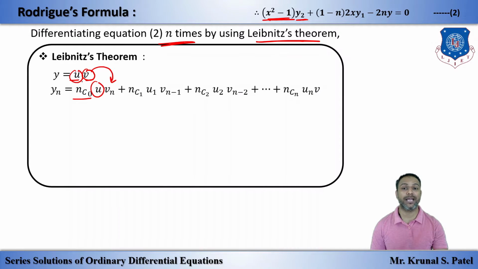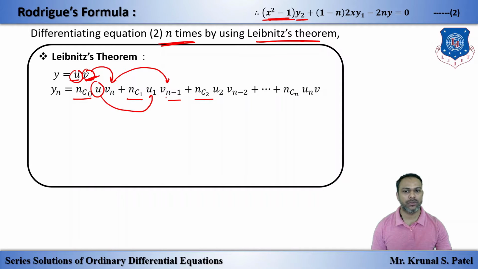You have to consider the term whose nth derivative is known. So you write down the nth derivative of v, plus nC1, first derivative of u, and the (n minus 1)th derivative of v, taking n minus 1 instead of n in that nth derivative.